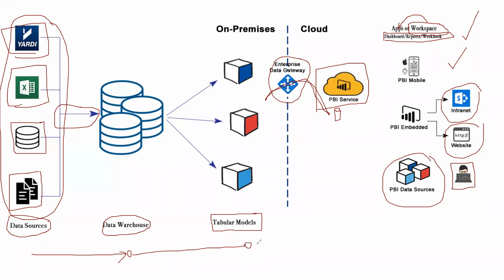And then from there, we have the reporting environment where we are publishing it onto the Power BI service. And then we are sharing on the different platforms so that reports are accessible from different locations. So any questions on this slide? This slide is really crucial for you to get the complete picture.